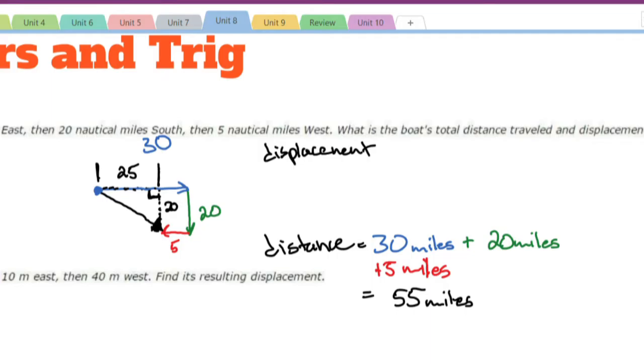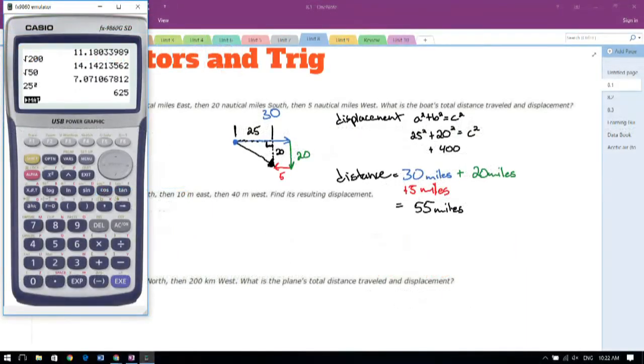So if I break out my Pythagorean theorem, I'm going to go 25 squared plus 20 squared equals c squared. I don't know what 25 squared is, 25 times 25, but my calculator does. 625.